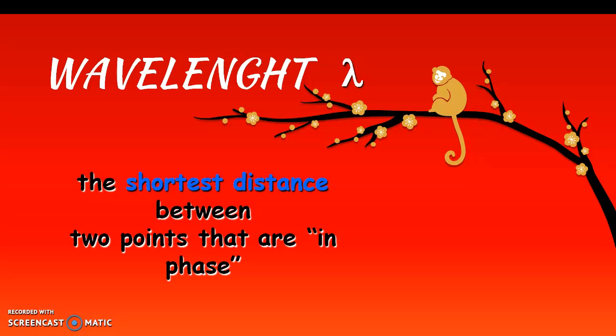For example, from a crest, if the wave will form another crest, from the initial crest to the final one formed makes a cycle. 2 points that are the same are said to be in phase, and this makes one cycle. So take note: the distance of a wave when it makes a cycle is called the wavelength. And this wavelength, like I said, is the shortest distance between 2 points that are in phase.